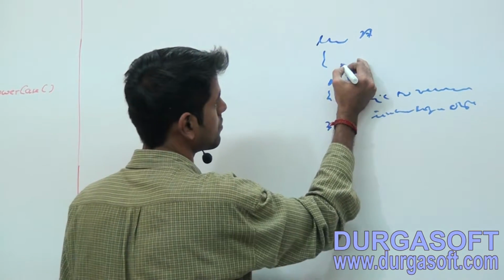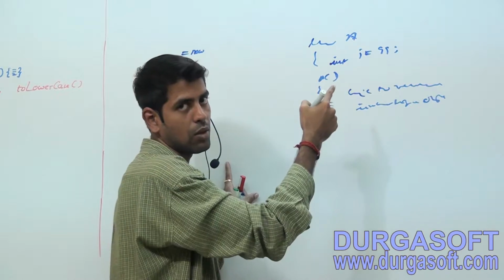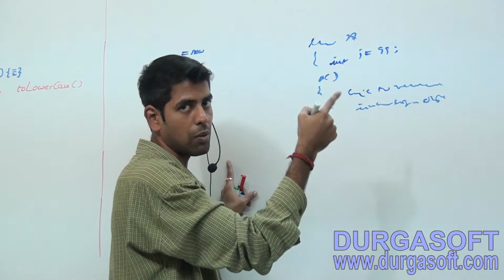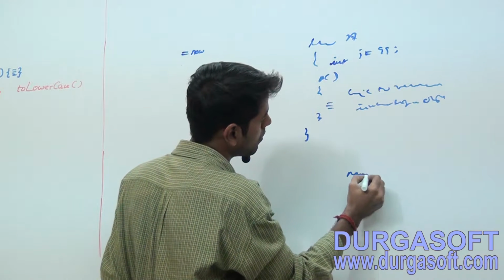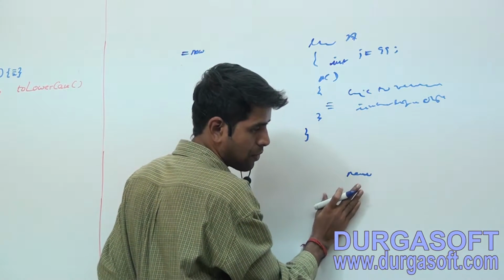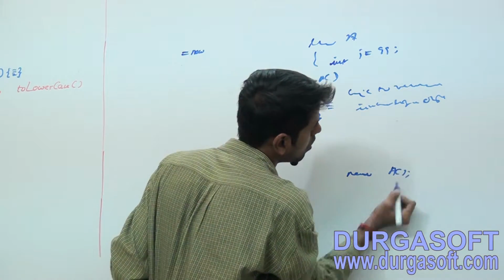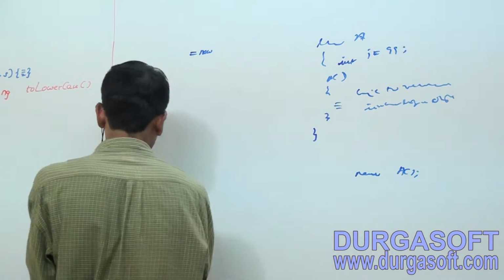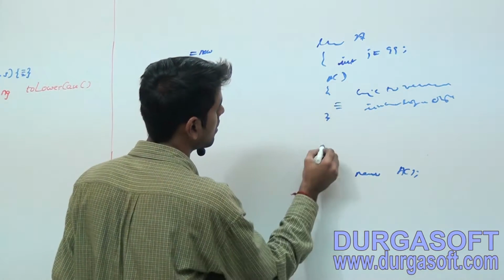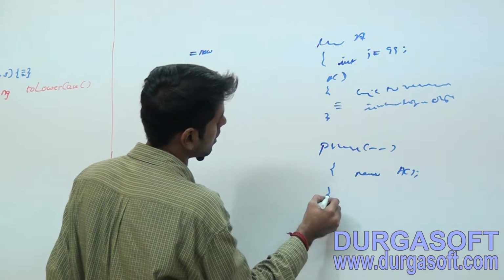Observe here, int i equals 99. Now how to create an object for class A? New keyword or operator followed by constructor, use this no argument constructor. This is the code within my main method.